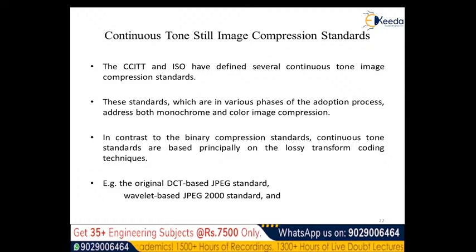That version is named the JPEG 2000 standard here, and next to that we also have the JPEG LS standard. So these are several of the examples that come to this particular category, what we have titled as continuous tone still image compression standards here. Now focusing more attention onto just the JPEG, I will just highlight a few of the important points here.